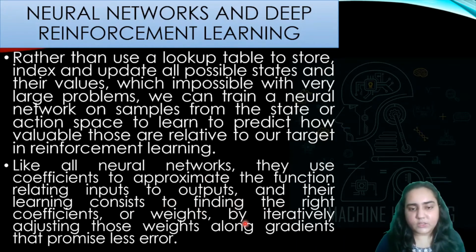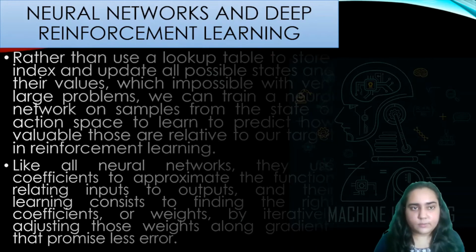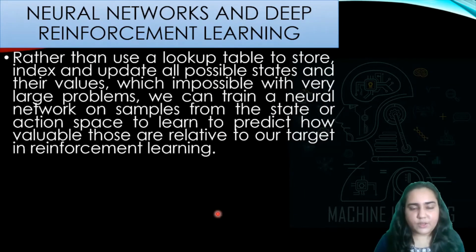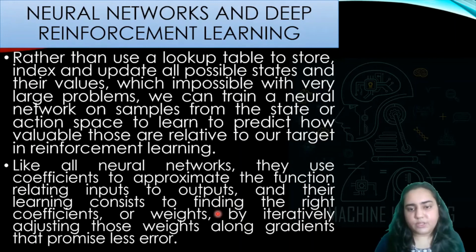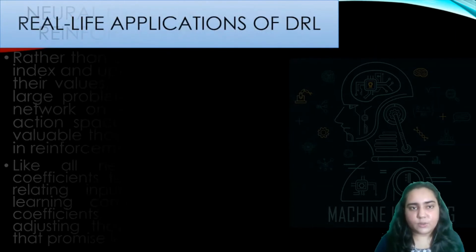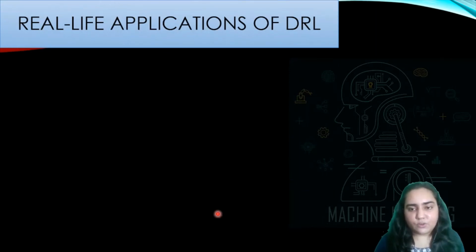Their learning consists of finding the right coefficients or weights by iteratively adjusting those weights along gradients that promise less error. This is something that we already know because we've seen in our previous videos how weights and biases are adjusted. So rather than using a lookup table, you could just have a neural network. You could train it, adjust the weights and everything, and decide how it's going to do the work.